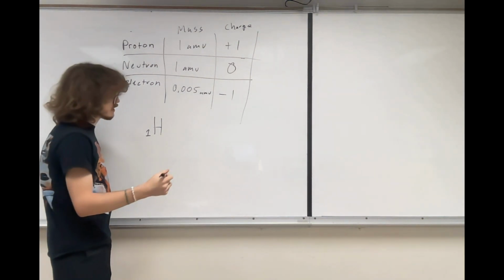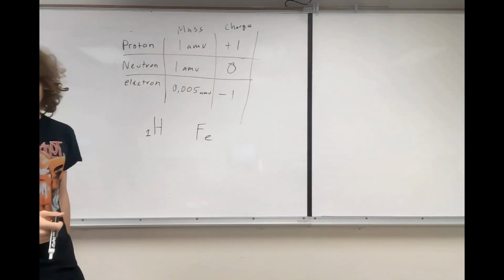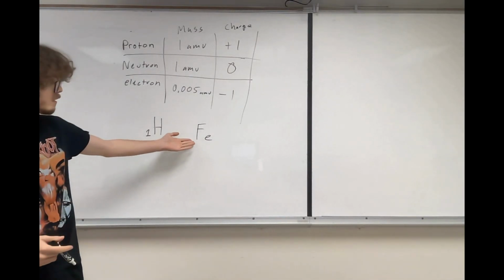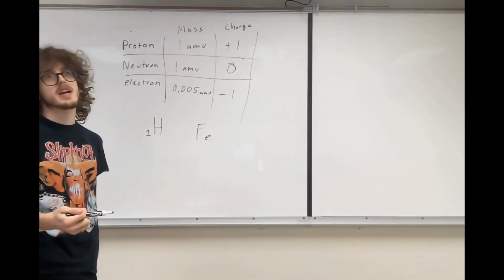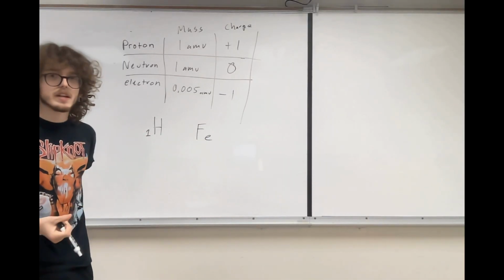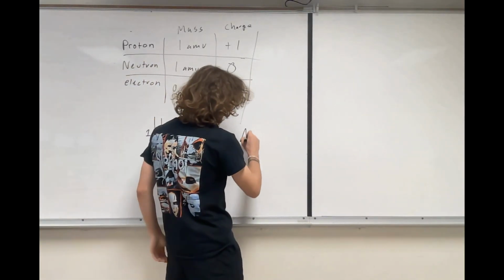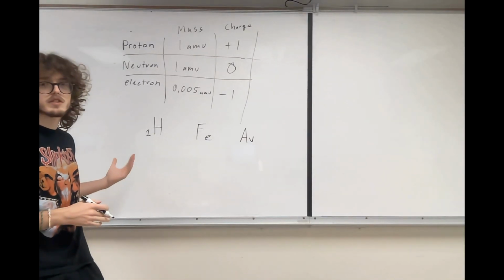Okay, but let's say, for example, you have iron. Iron is another way to write a symbol. And we write Fe. It comes from the idea of ferrous. I believe that's Latin for iron. But you also have other symbols, like, for example, gold is Au. So just know that there's this notation out here.